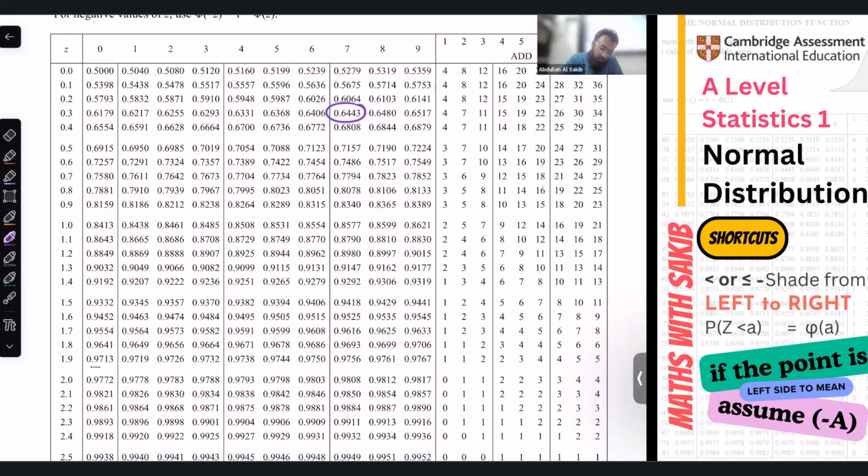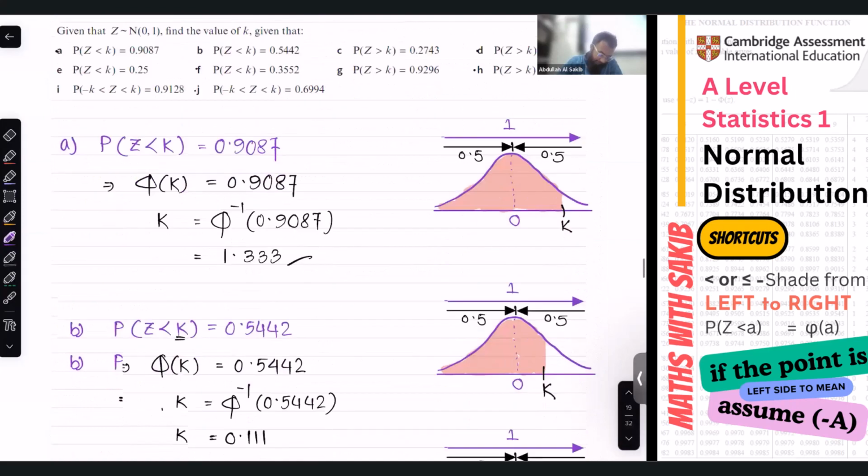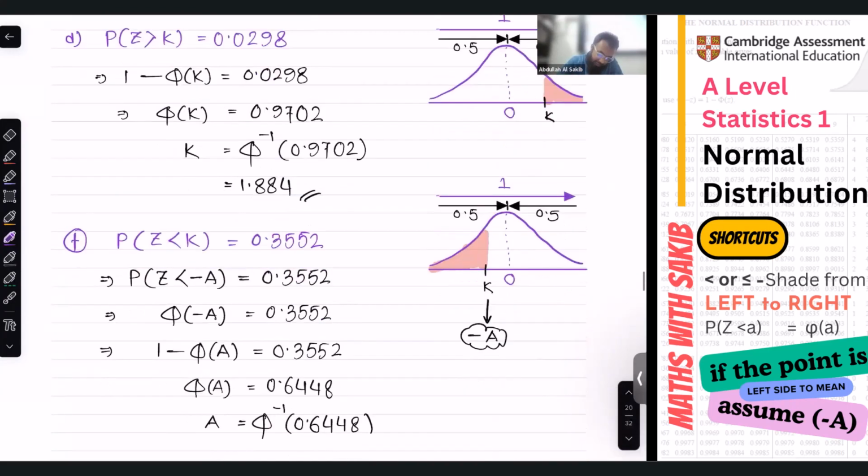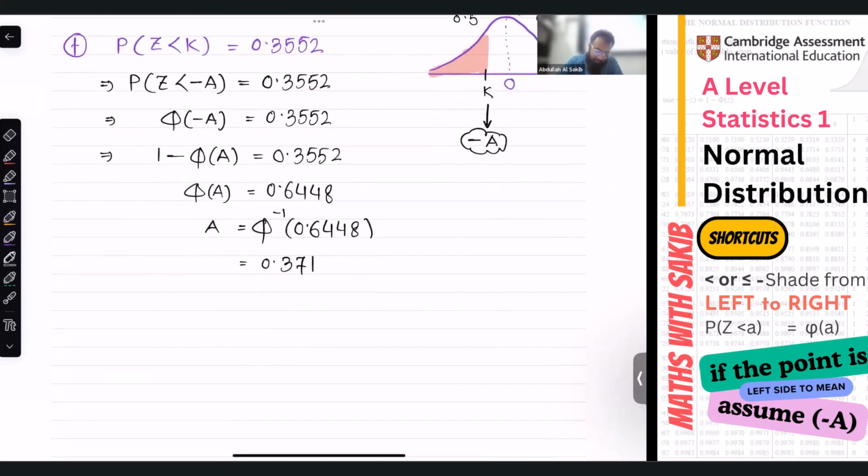So we'll take 4. Clear? So the value will be 0.371. Is it okay, Baba? So the value of A is 0.371.